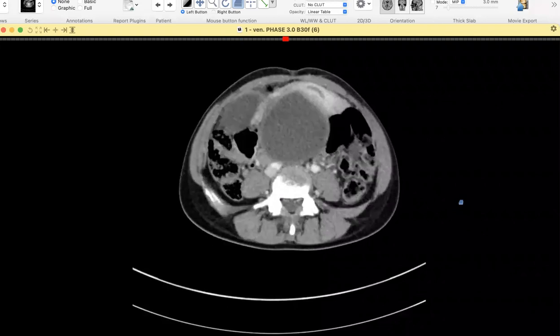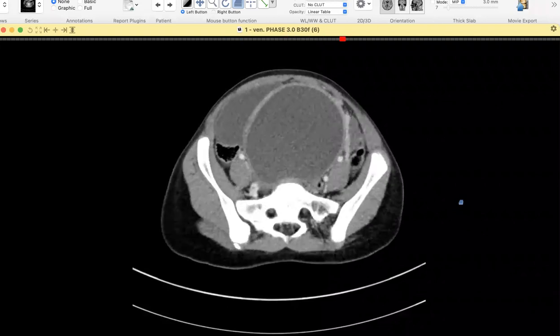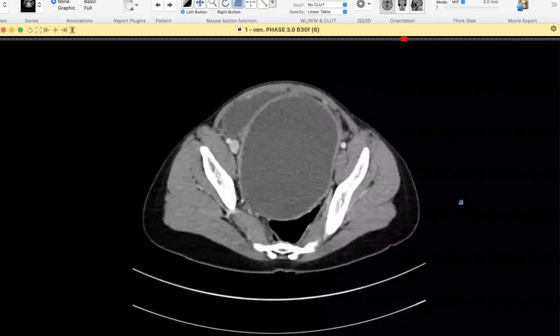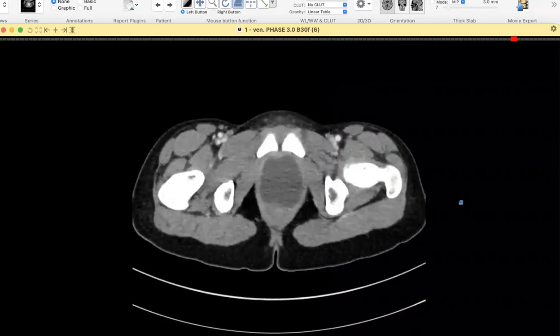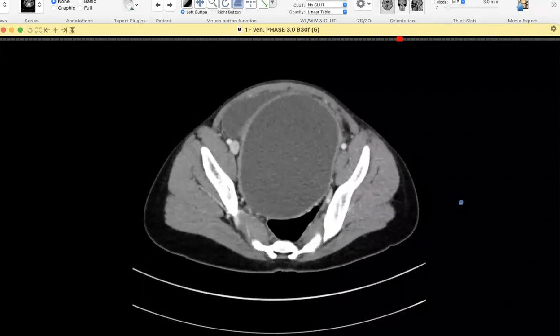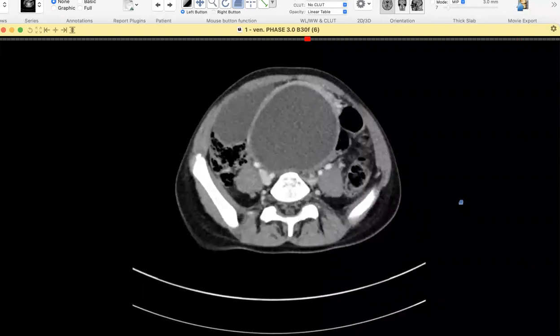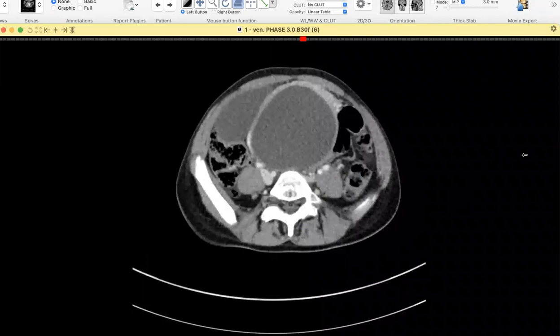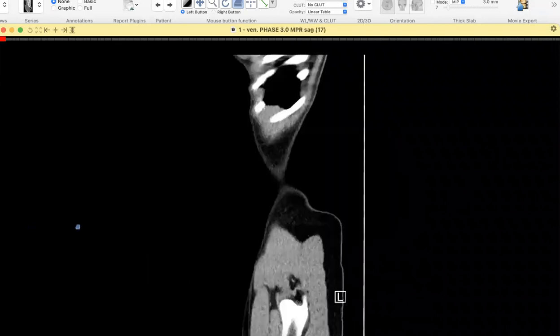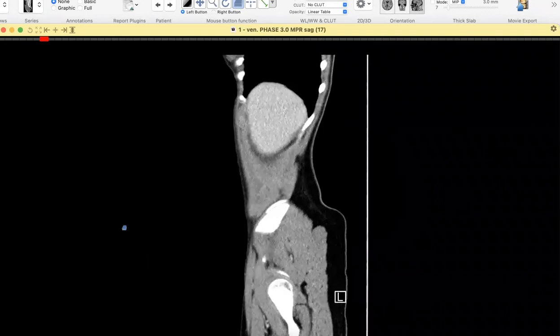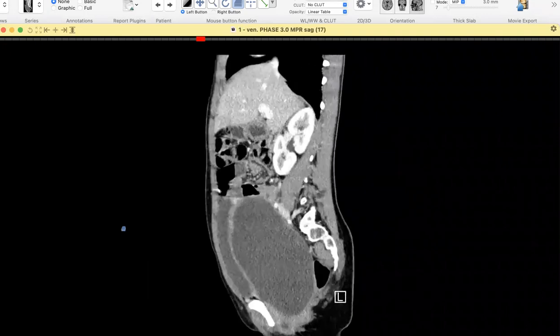So what would you think? What did you say the most common cause of primary amenorrhea is? Imperforate hymen, or a septum may be there. So maybe a sagittal view will help you see it better.